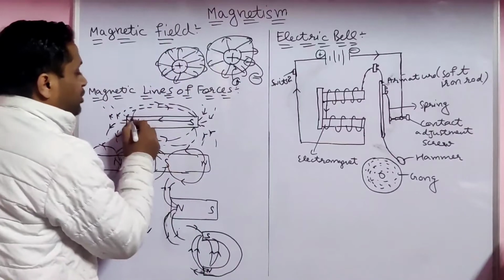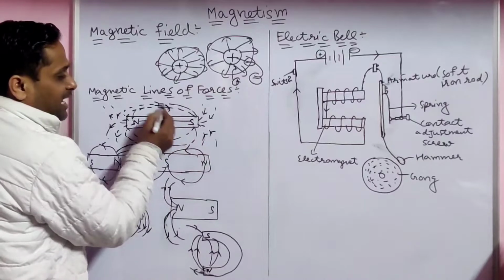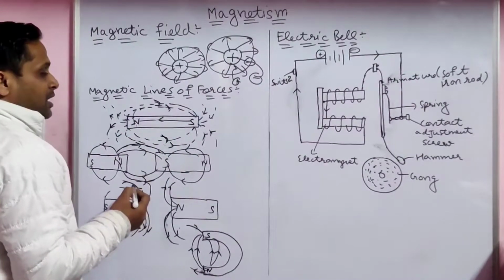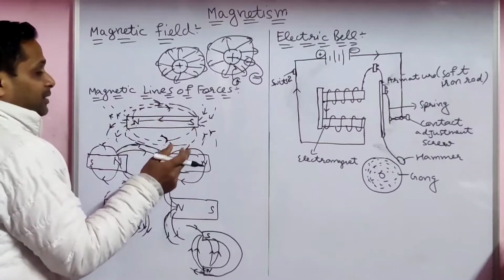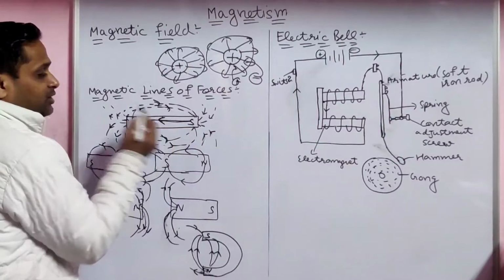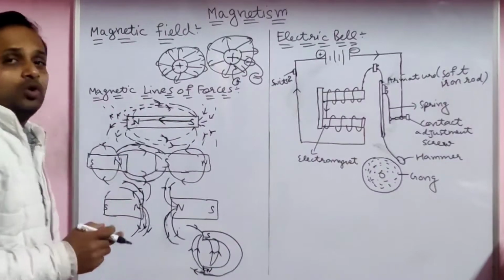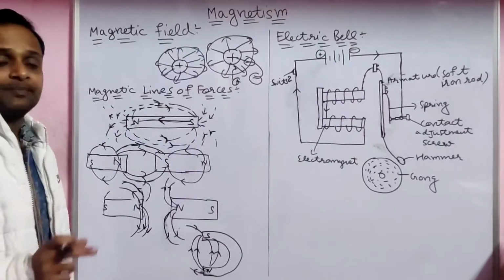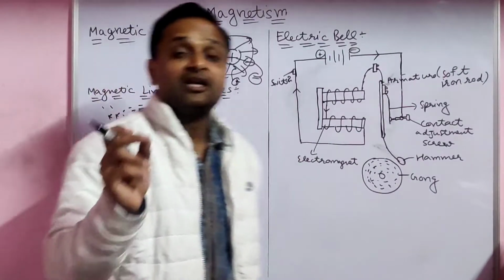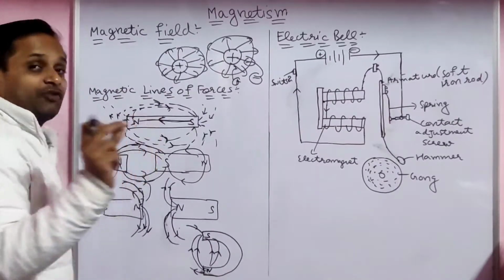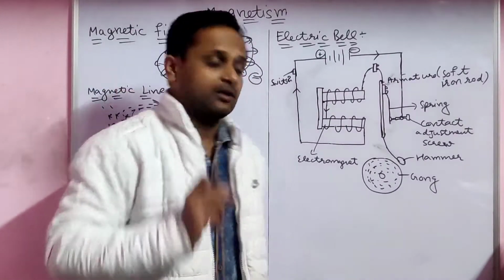So the arrows come like this, and from there also the arrow comes like this. Inside, it is the reverse, south to north. Near both poles, the magnetic field strength is high, because these magnetic lines of forces are very, very near.